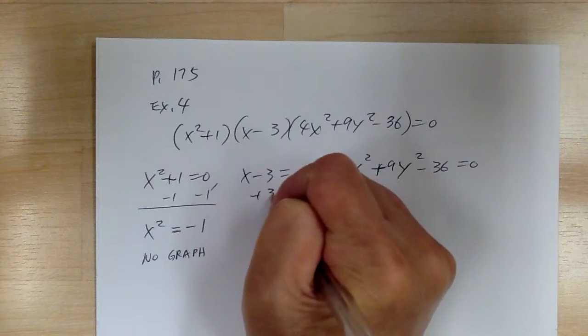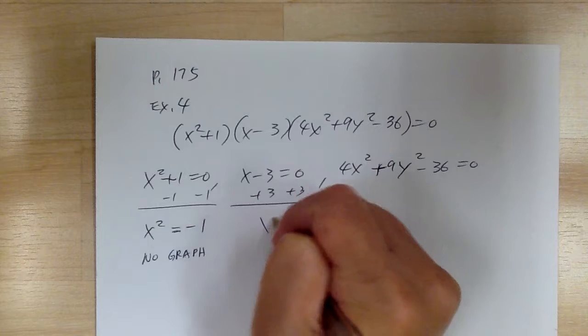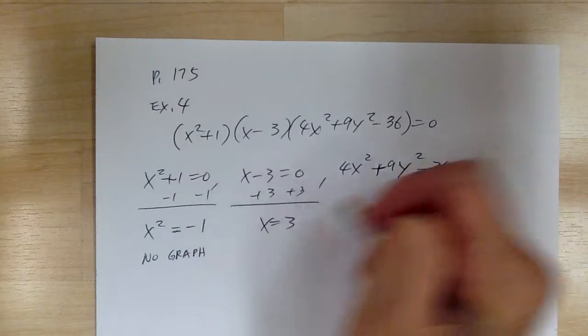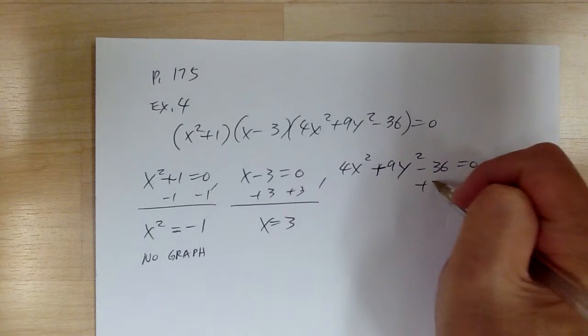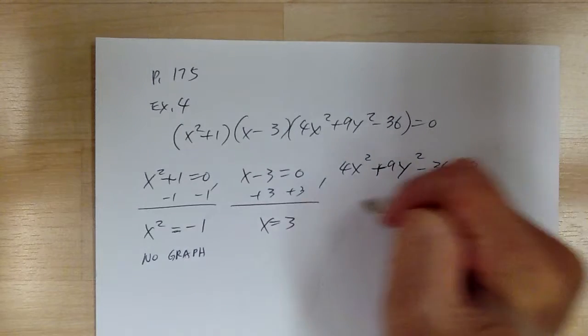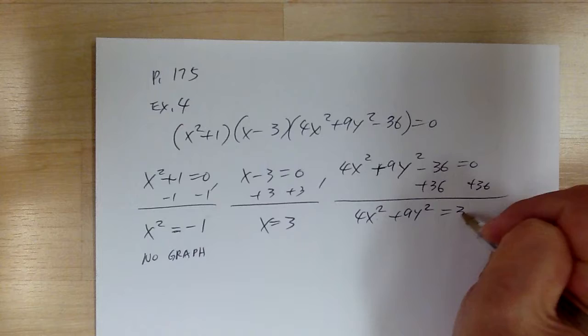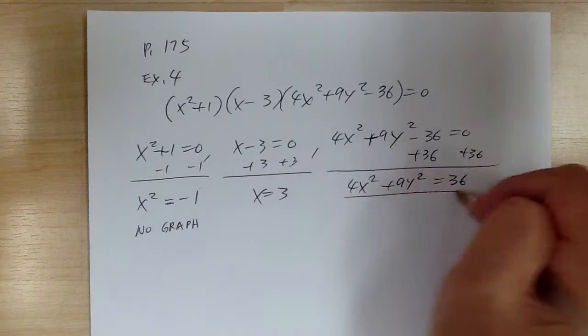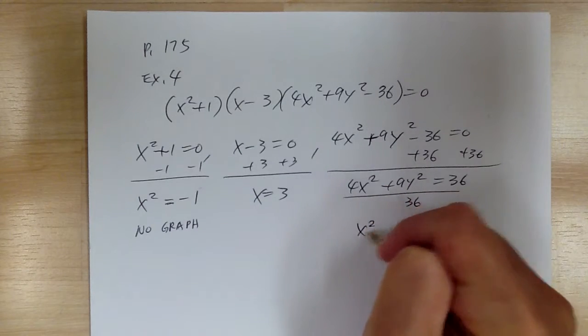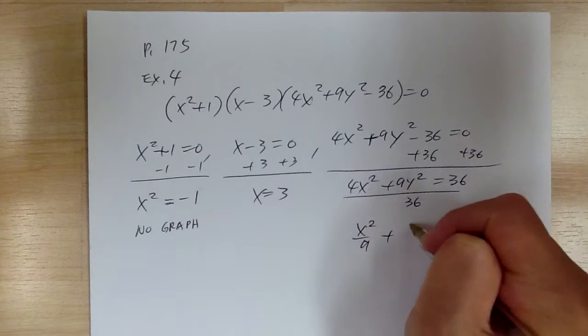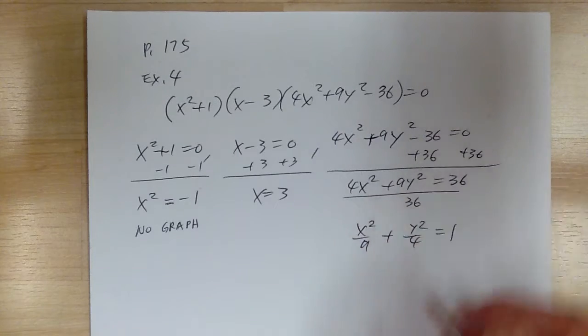This one you can plus 3, so you get x = 3. That's a line. This one is going to be an ellipse. You get 4x^2 + 9y^2 = 36. Divide by 36, so you get x^2/9 + y^2/4 = 1.